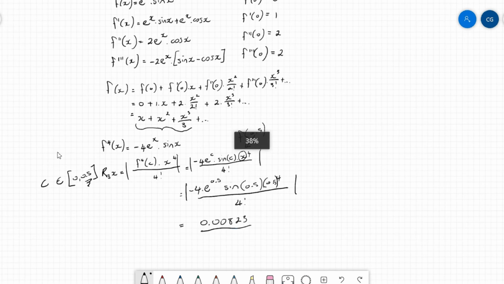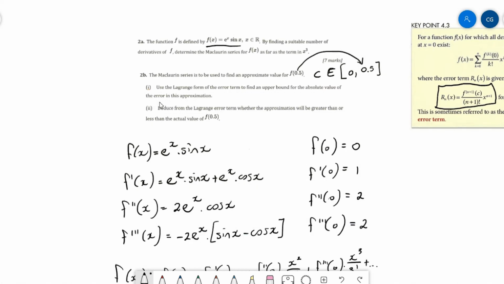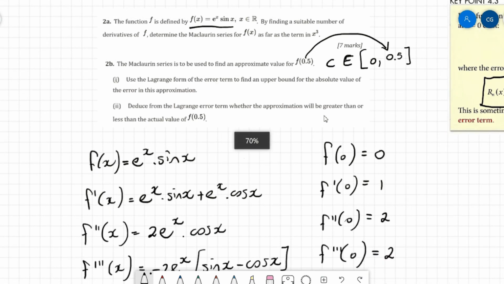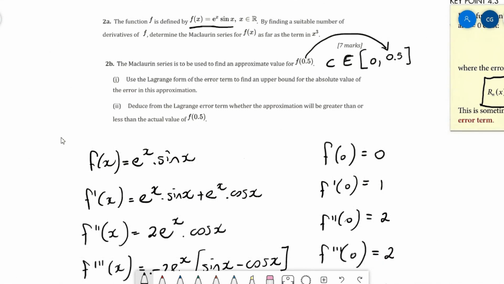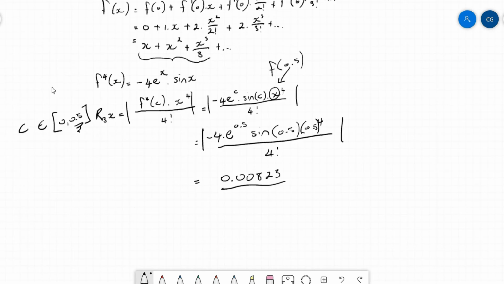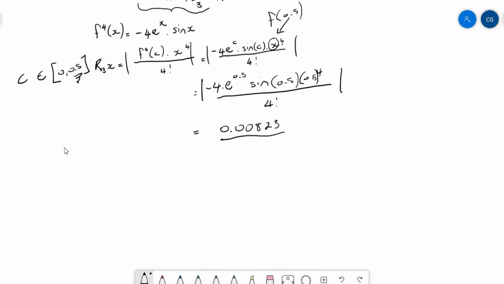So let's go back to the question just to make sure we have answered it. Use the Lagrange form of the error term to find an upper bound for the absolute value of this error approximation. So what we have found is the upper bound. Now for part 2, deduce from the Lagrange error term whether the approximation will be greater than or less than the actual value. Now, we have found that this error term was negative. Remember, we took the absolute value thereof, but this was actually a negative value that we have found.